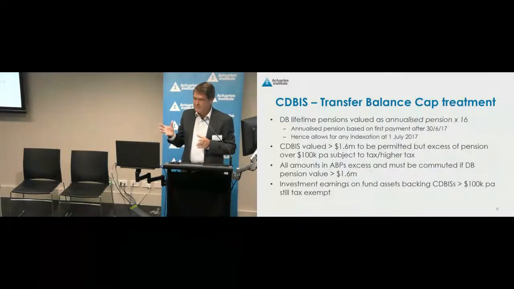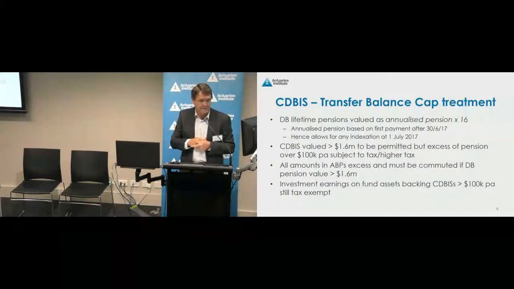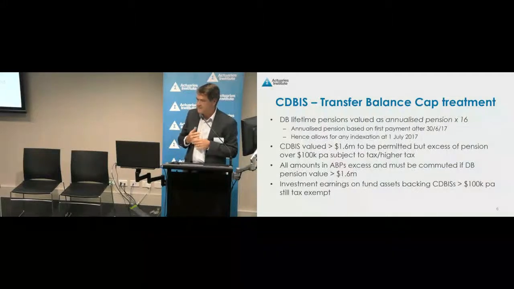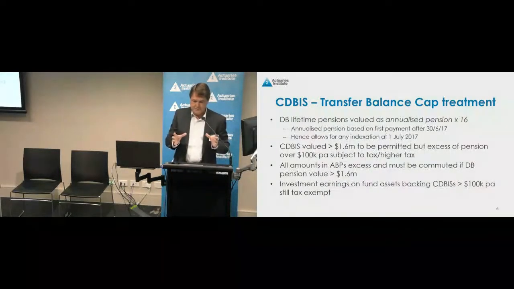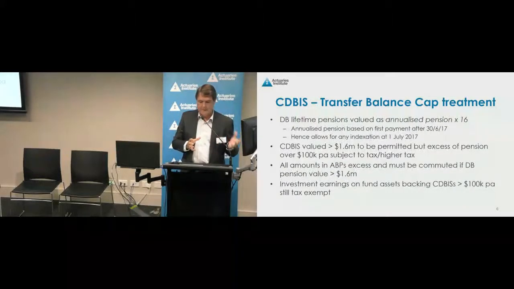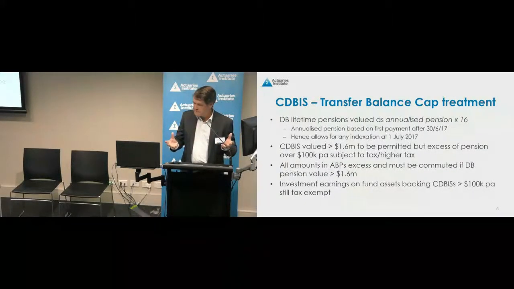And I will have to convert that back into an accumulation phase, or into a superannuation account basically, and it would be subject to the normal 15% tax. So really, I've got a mixture of an account-based pension and a lifetime pension.